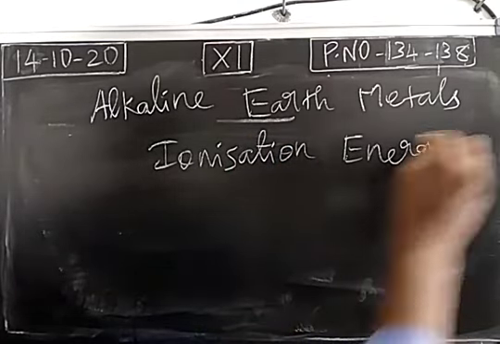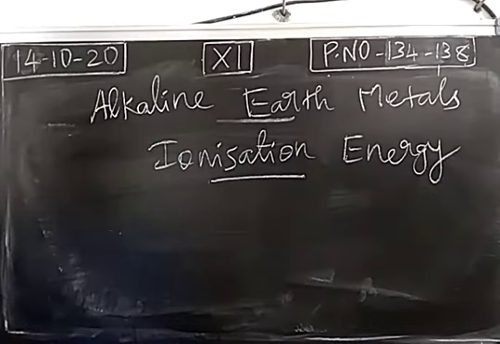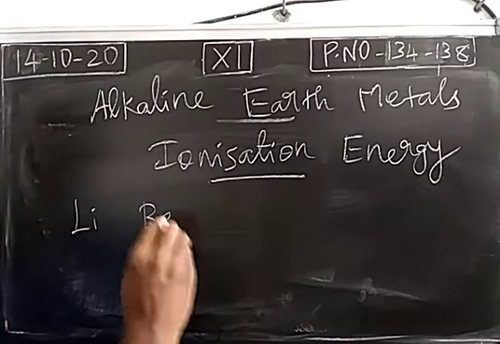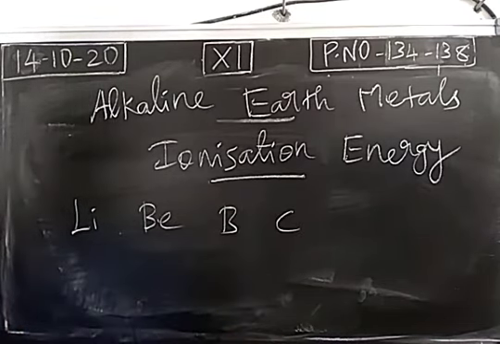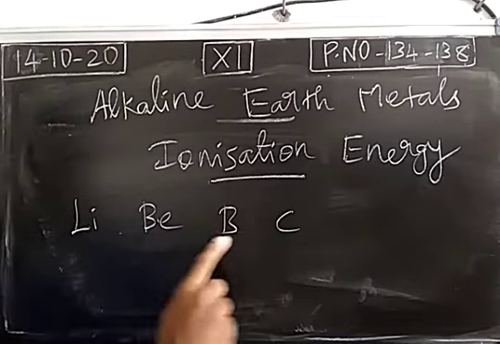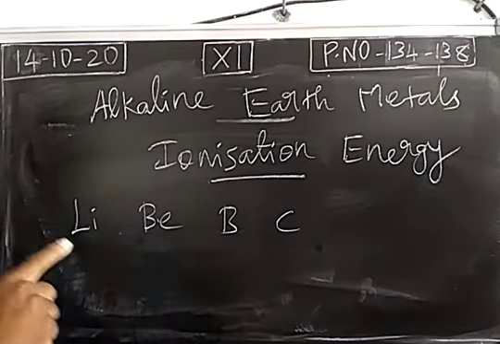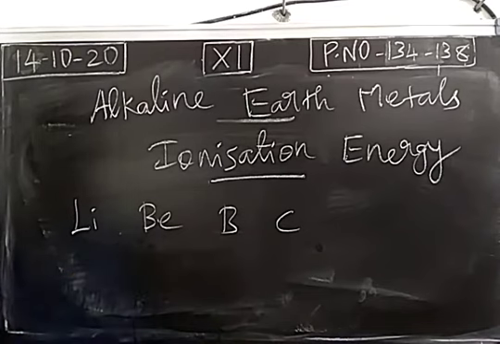What about the next periodic property? Ionization energy. Left to right, ionization energy increases because size decreases, right? So atomic size decreases, that means ionization energy will be increased. Comparing alkali metal, alkaline earth metal will have more ionization energy.